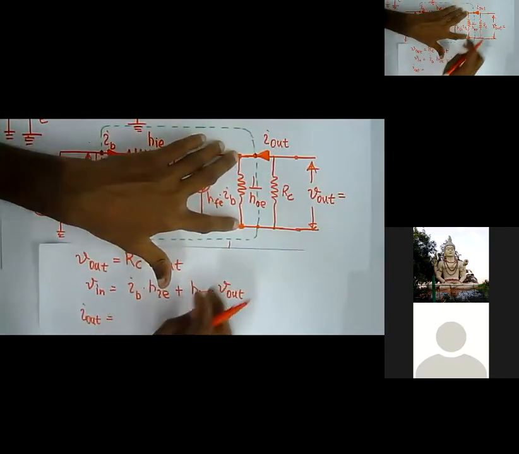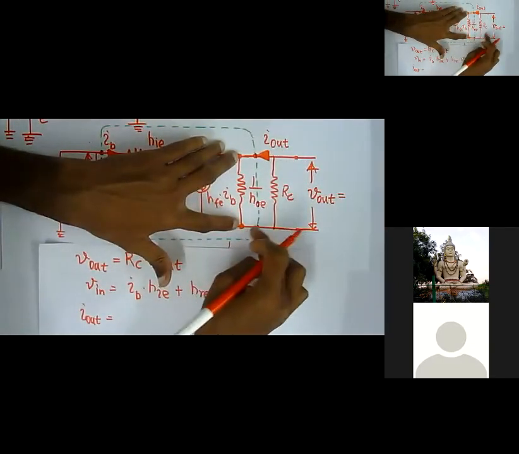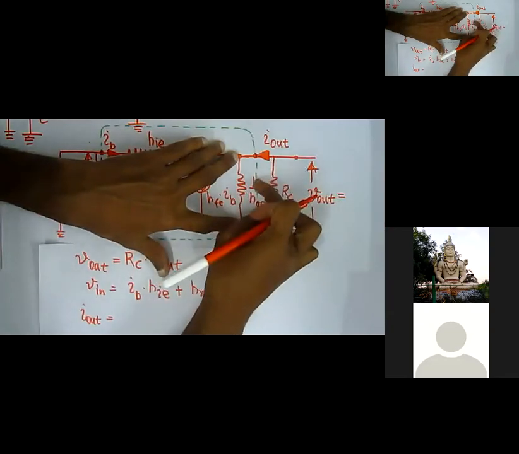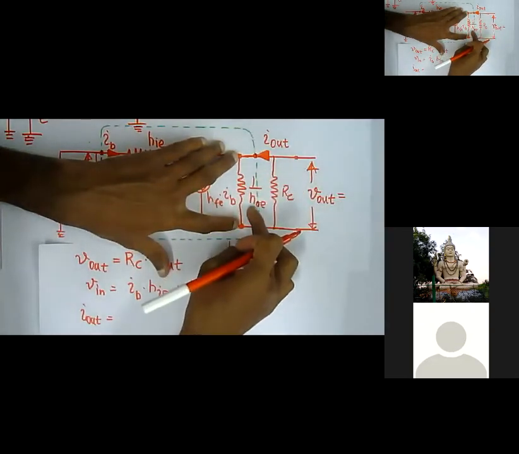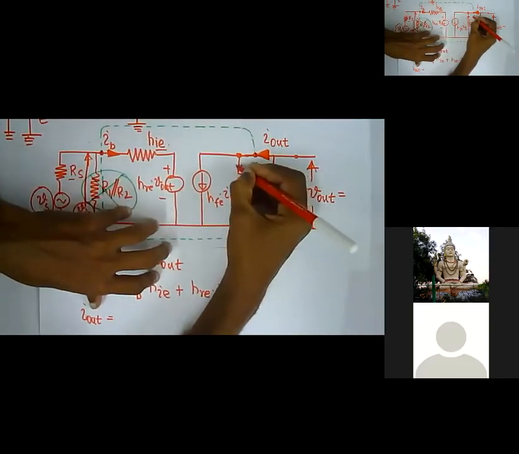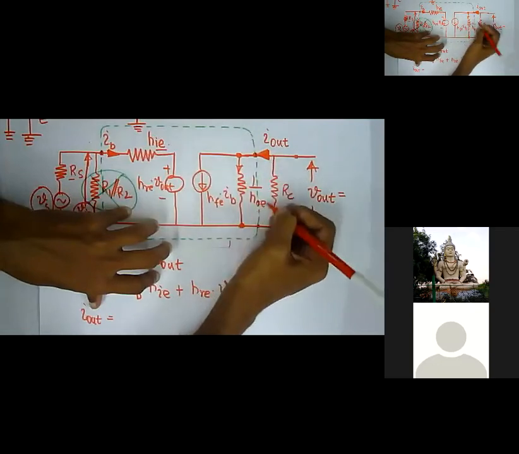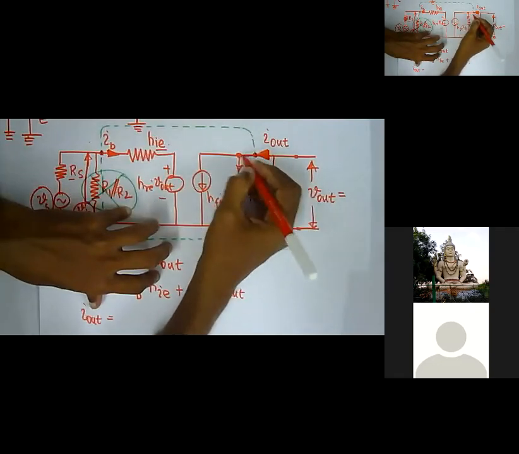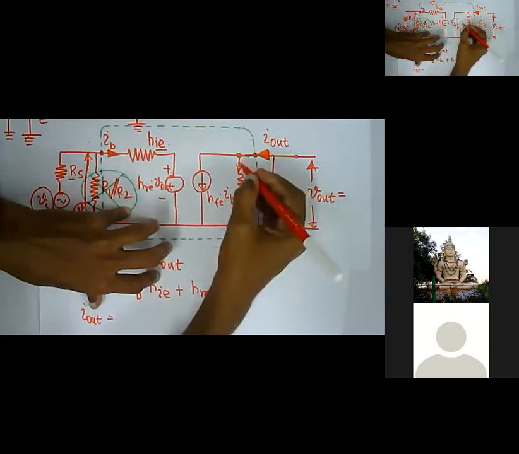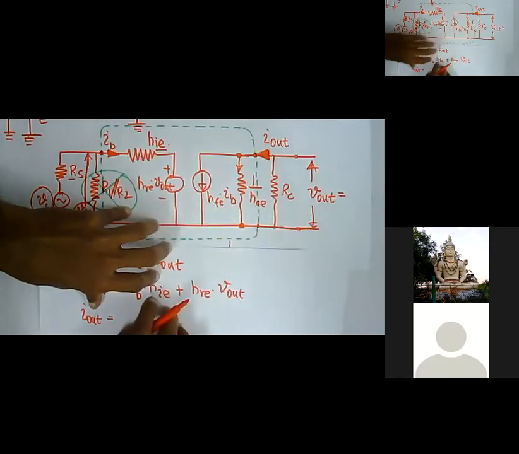Hence the current through the branch is V by R, so V out by 1 over HOE, or V out into HOE, plus HFE into IB.